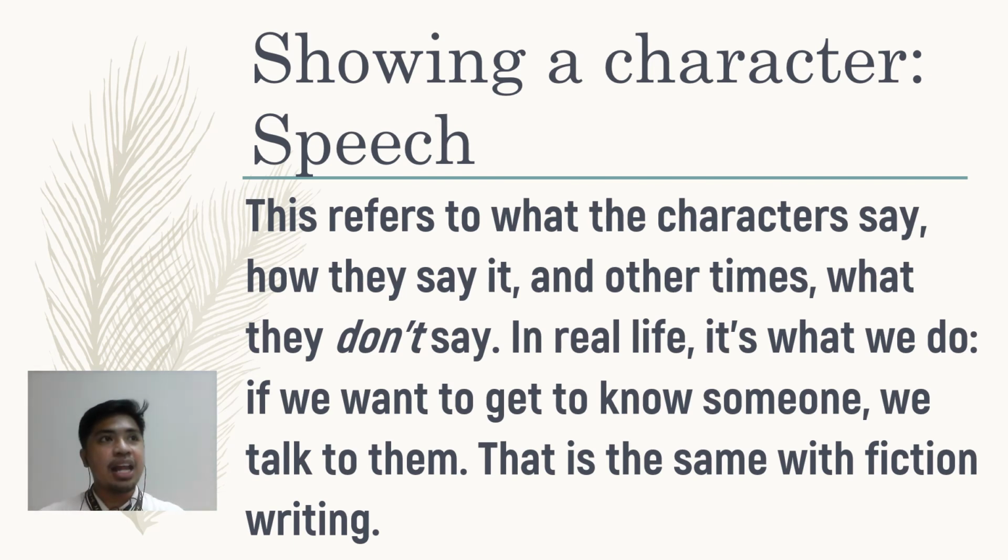Because in real life, that's what we do, right? In order to get to know people, we talk to them. That is the same with fiction writing. We show a character by what she says, by how he or she says the lines, and sometimes by what they do not say.